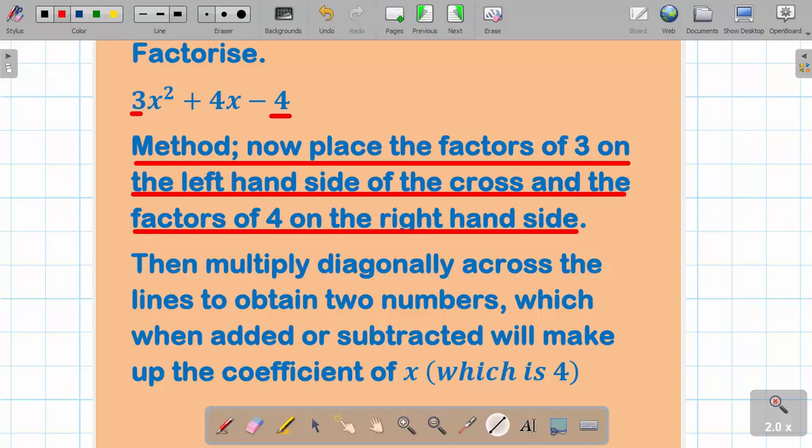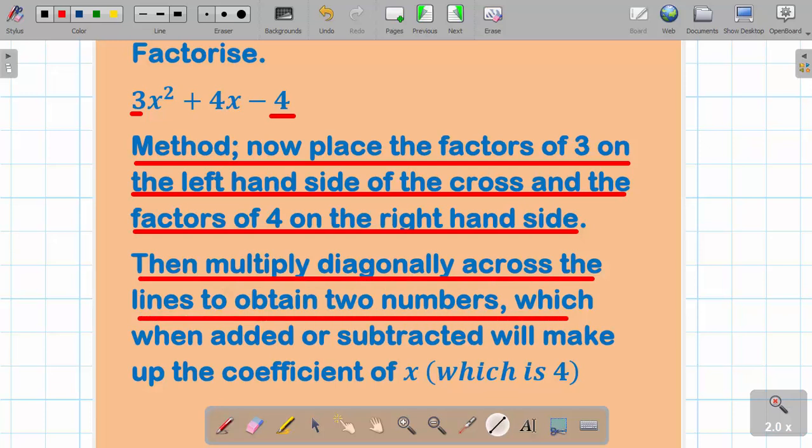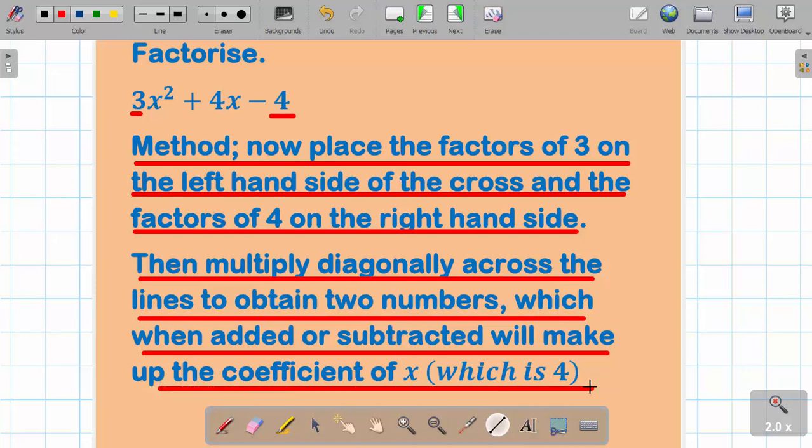As you can see, this is left, this is right. After that, multiply diagonally across the lines to obtain two numbers such that when added or subtracted will make the coefficient of x, which in this case is 4. This is the middle term, okay?